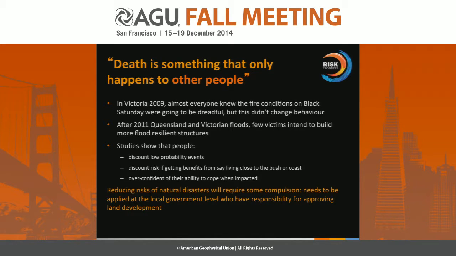After the 2011 Brisbane floods, we interviewed again lots of victims, and very few of those people, I think 14%, were contemplating building their home in a more resilient fashion. I think the proportion of those who actually did it is probably very, very low.